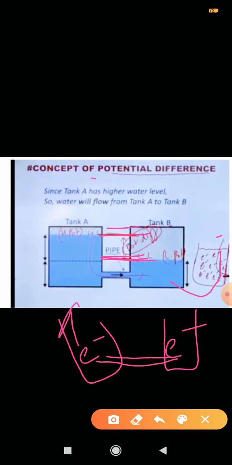That's why this is known as potential difference, and it is a very important concept in the electricity chapter. In the wire we can see a high level and a low level.